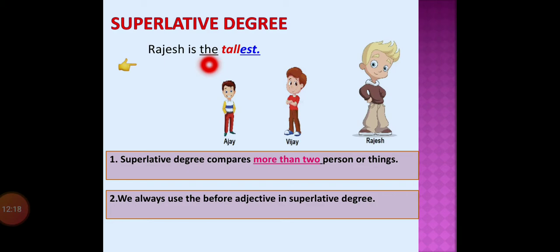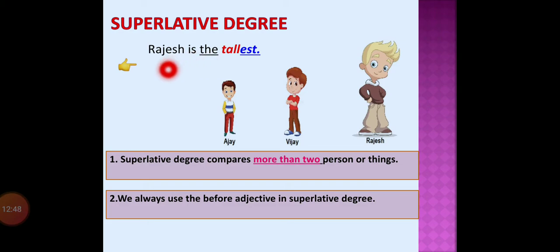A, an and the, these 3 are our articles. We have learnt it in 3rd and 4th standard. So the article "the" we generally use to show uniqueness. If you remember, the article "the" we generally use to show the uniqueness. There are some other rules also, but at present you just keep this in your mind that the article we use to show the uniqueness.